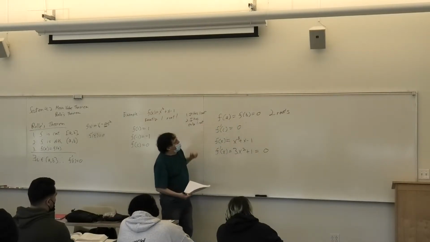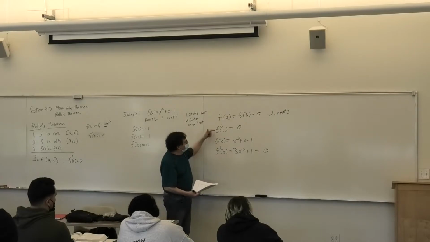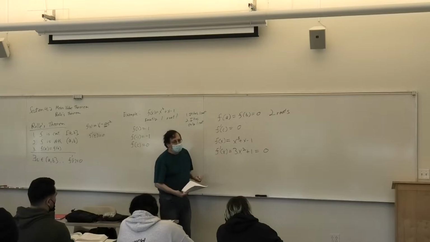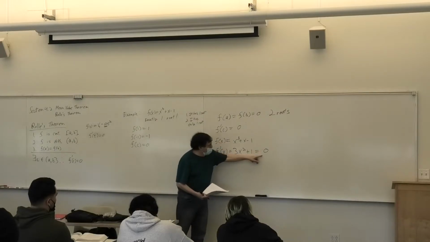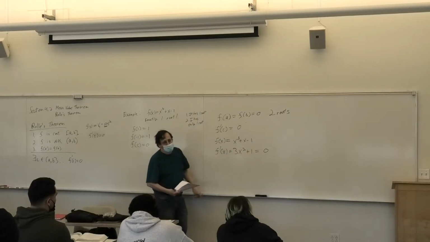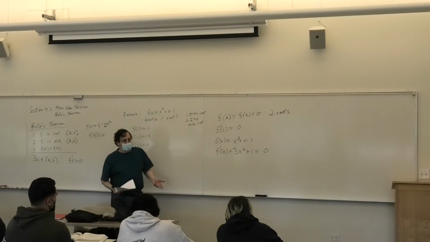So by Rolle's theorem, there has to be some value between a and b where the derivative is 0. Well, we look for that. We look for the derivative to be equal to 0. We find it can't be. That's our contradiction.